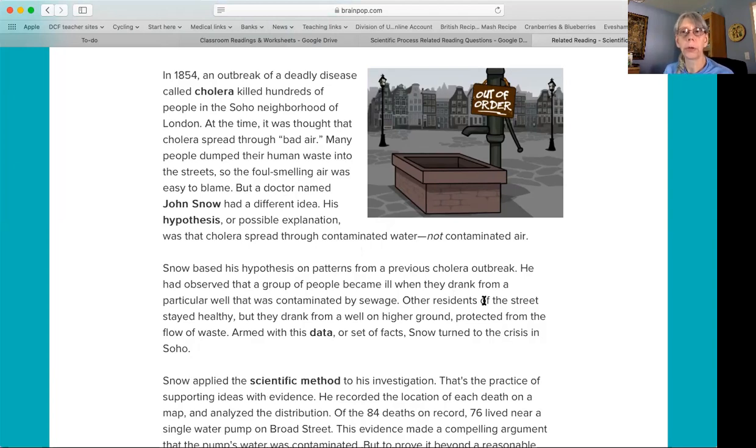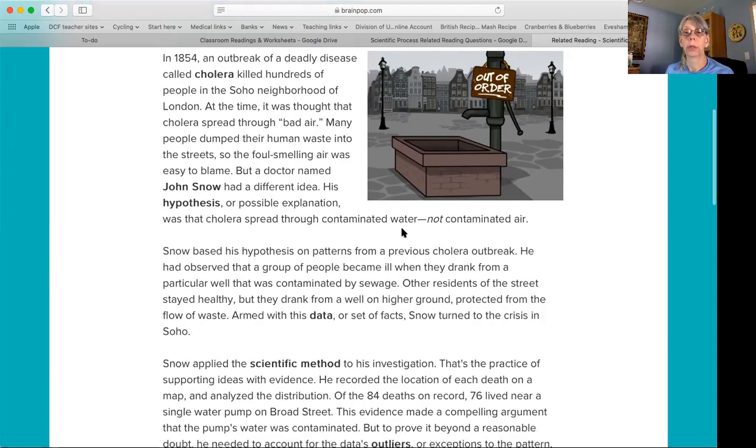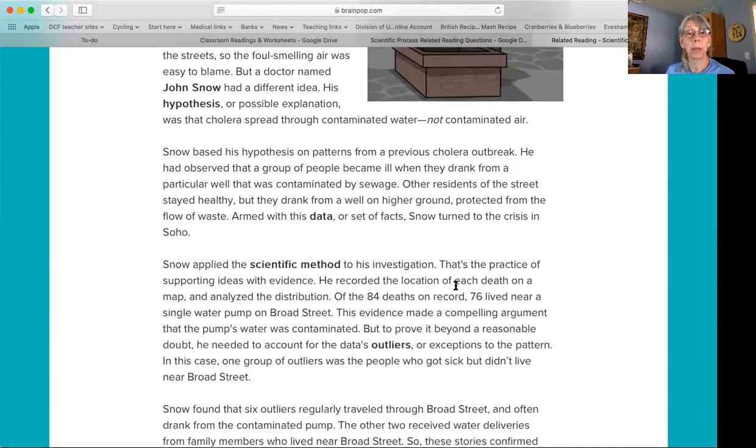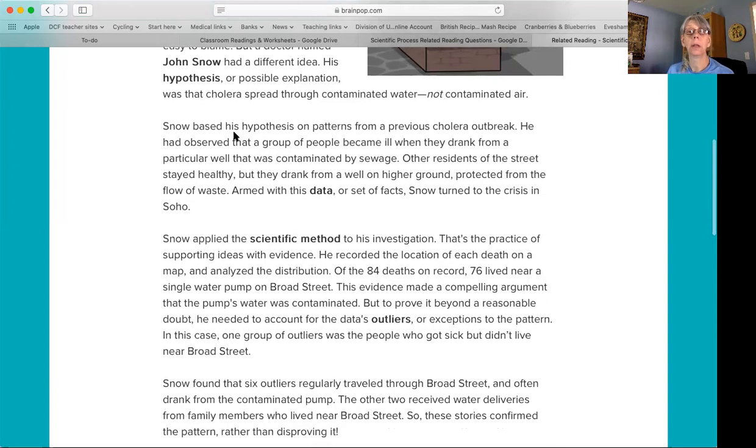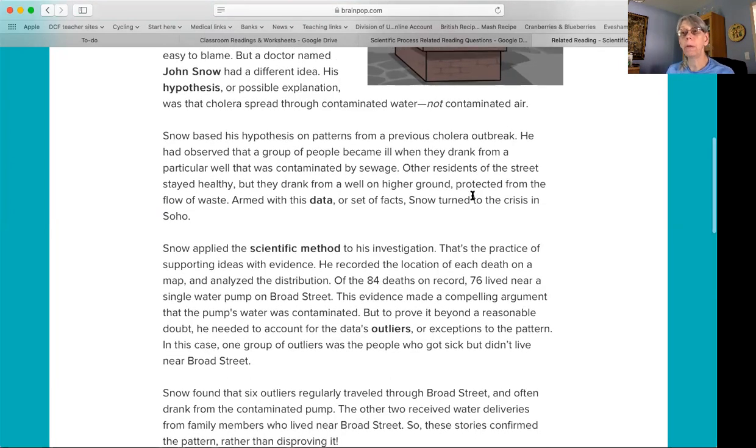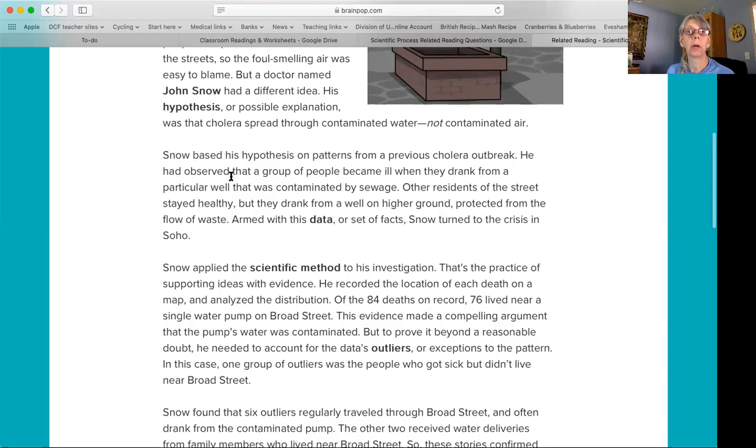Specifically, drinking water that's been polluted by sewage, which doesn't smell very good, which is why some people thought the air might be doing it. Not everybody did, but lots of people did. Snow thought he'd noticed before that there was a group of people who became ill drinking from a well that had been contaminated by sewage.